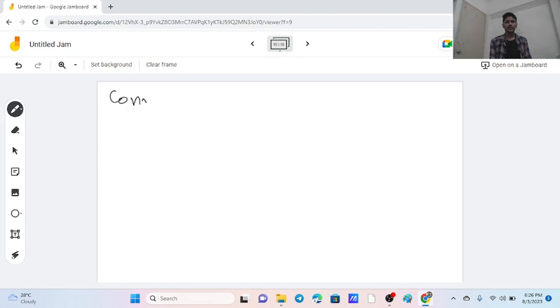What are connected graphs? Connected graphs are those graphs in which any two vertices A, B belonging to G have a path between them. Okay, so what is a connected graph?